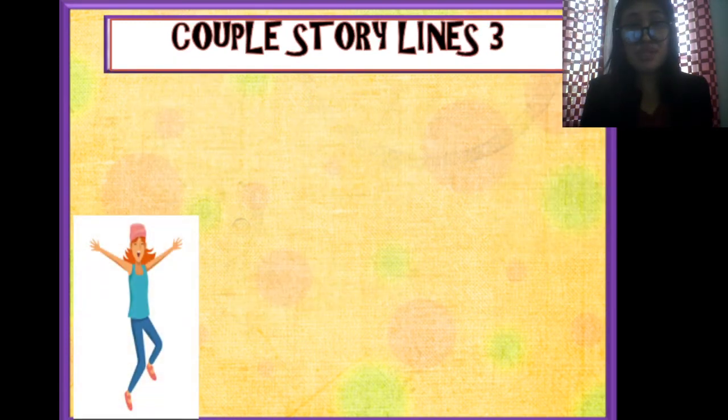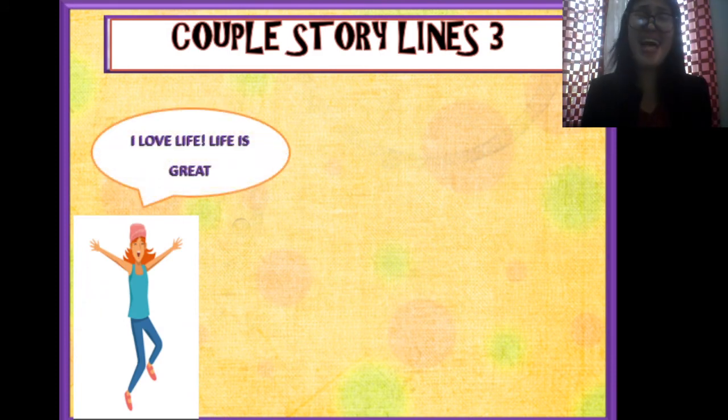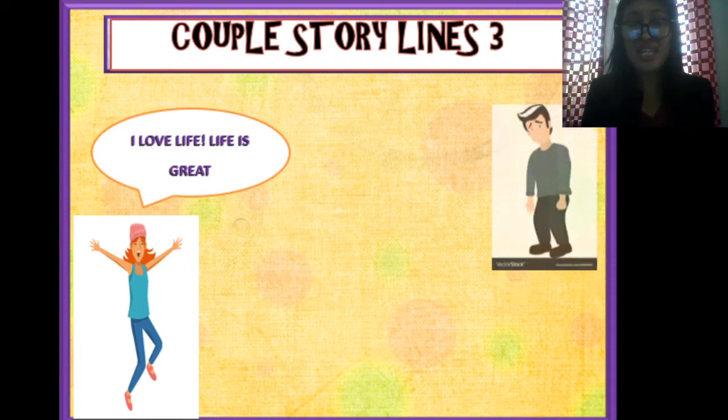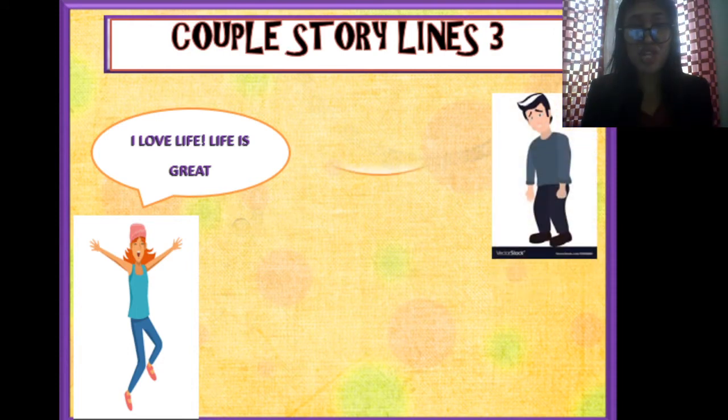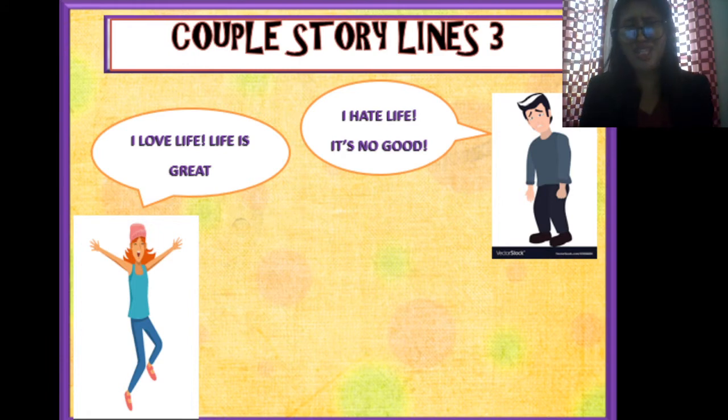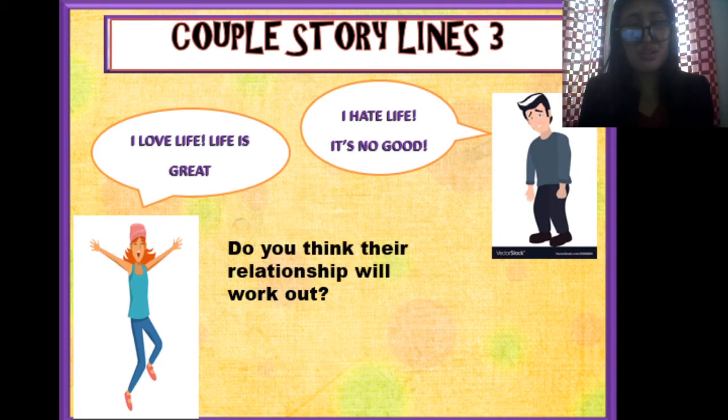Couple storyline 3. An optimistic person says, "I love life, life is great," and meets a negative person who says, "I hate life, life is no good." These two, do you think the relationship will work out?